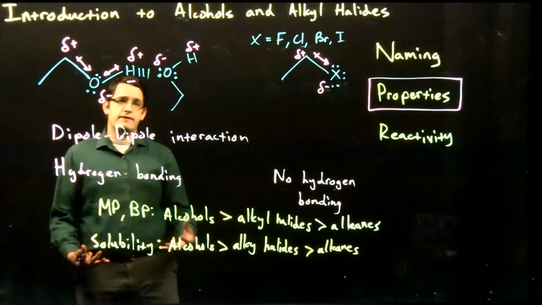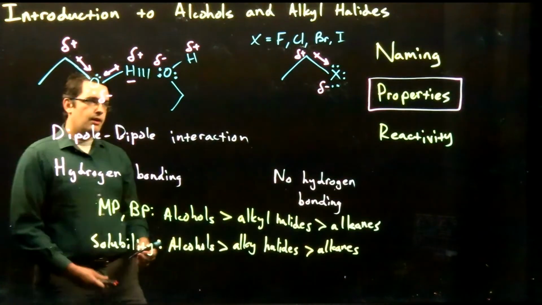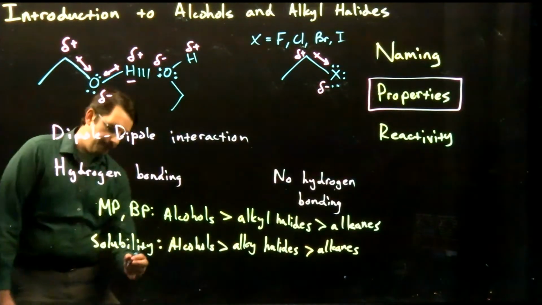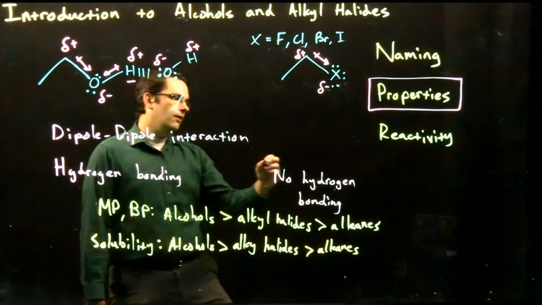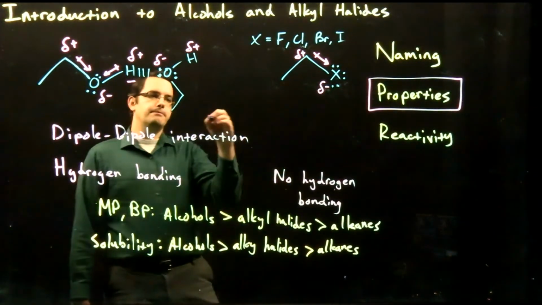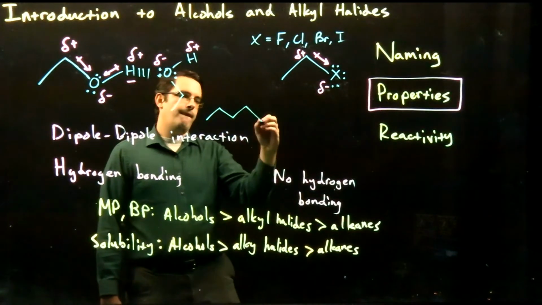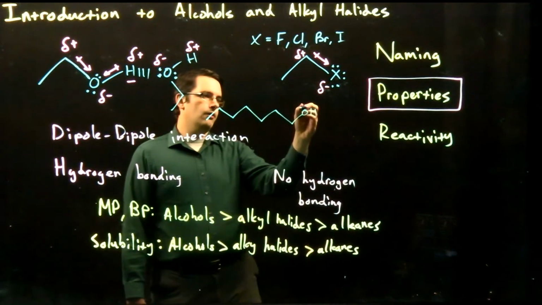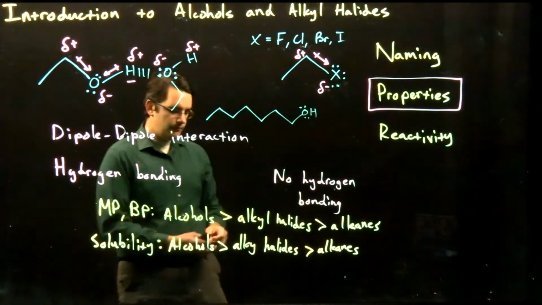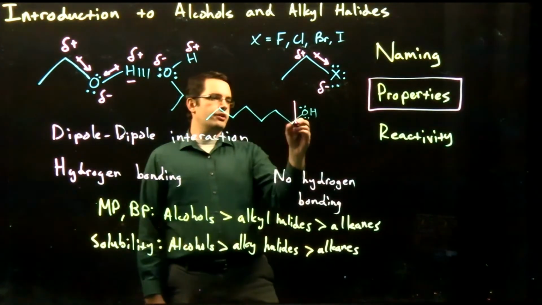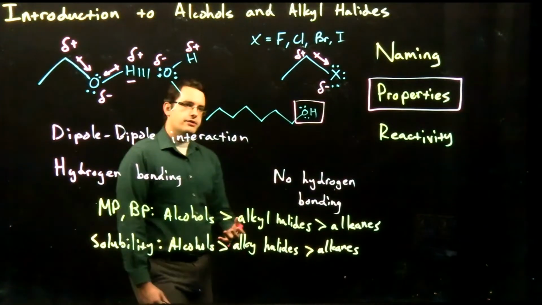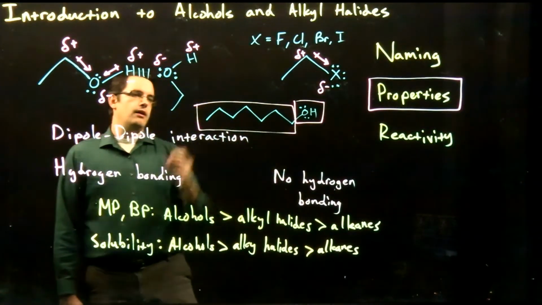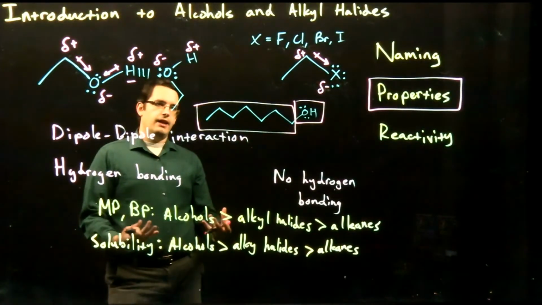Now I should mention that this does depend on size. If you have a very large alcohol, so let's say we have an alcohol where we have a whole bunch of carbons and then our single alcohol functional group. So we have our alcohol functional group right here that can do hydrogen bonding, but the rest of our structure over here really just acts like an alkane, right?